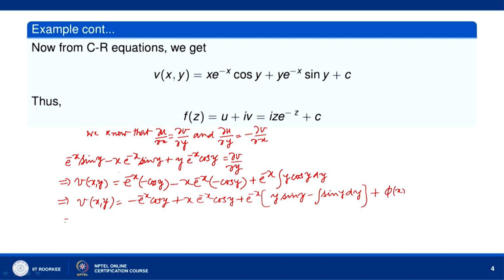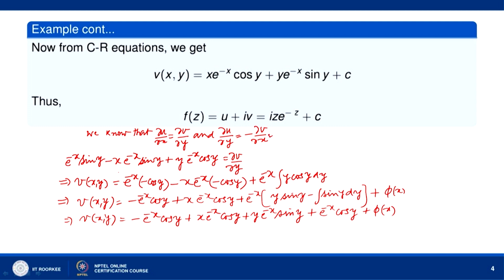So, this will be v(x, y) equal to minus e to the power minus x cos y plus x e to the power minus x cos y, then we have y e to the power minus x sin y, integral of sin y is minus cos y, so we will have plus e to the power minus x cos y plus phi(x).